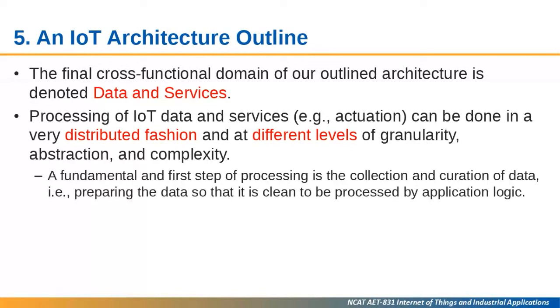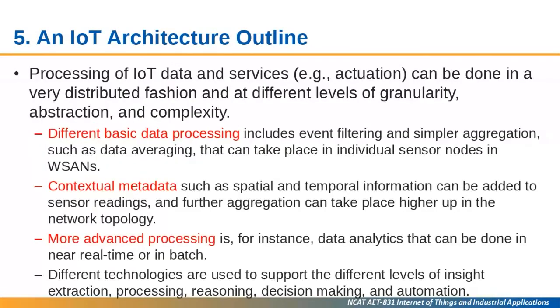And the final cross-functional domain is data and services. The data and services can be handled at different levels of abstraction and complexity. So we have different data processing, where the simpler kinds include event filtering and simple aggregation, averaging, something like that. There will be contextual data and spatial and temporal information. Spatial means related to space, location. Temporal means related to time.